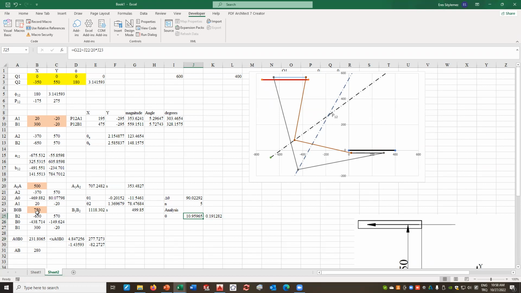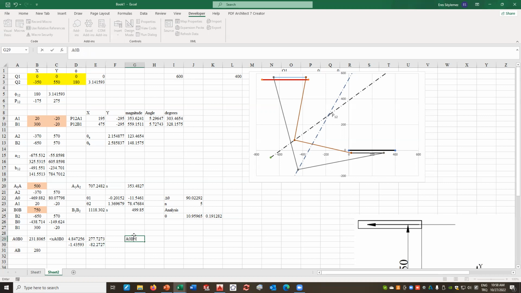Look over here. B0, A0 makes an angle 277 degrees or minus 82 degrees with respect to the horizontal. And A0, A1 makes an angle minus 11 degrees with respect to the horizontal. So what is this angle?